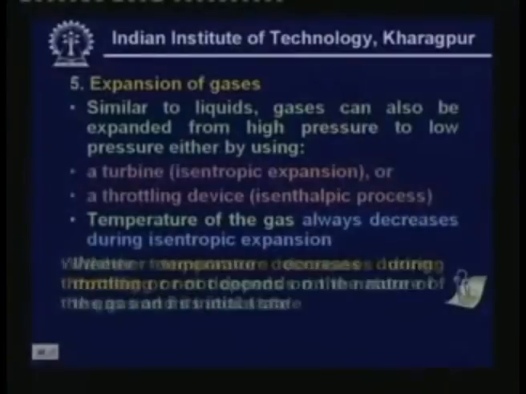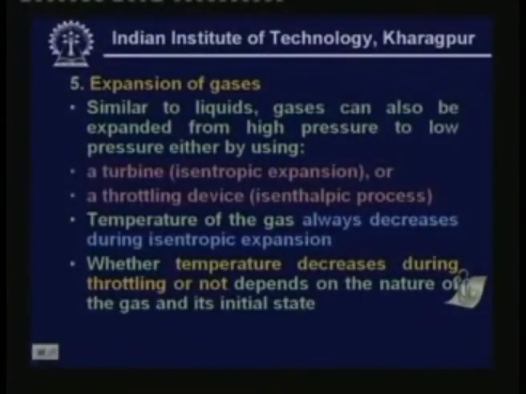Temperature of the gas always decreases during isentropic expansion. That means just like liquids, when I am expanding a gas using a turbine, its temperature always reduces. So in this aspect it is similar to a liquid, right? But when it comes to throttling, whether temperature decreases during throttling or not depends on the nature of the gas and its initial state. Whenever you are throttling a liquid, we know for sure that the temperature of the liquid reduces.